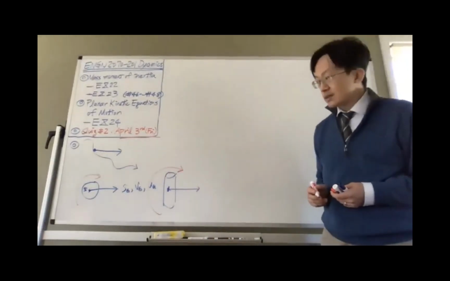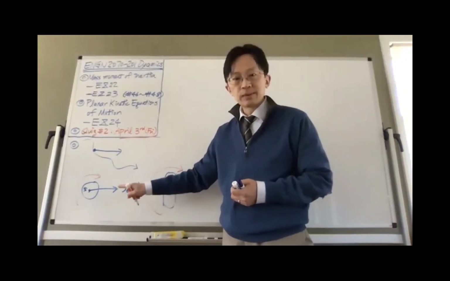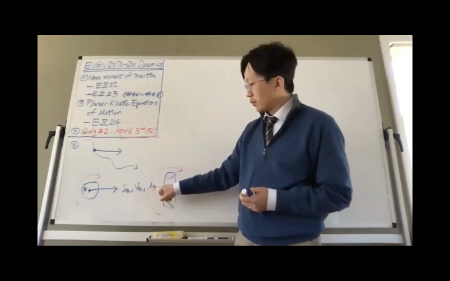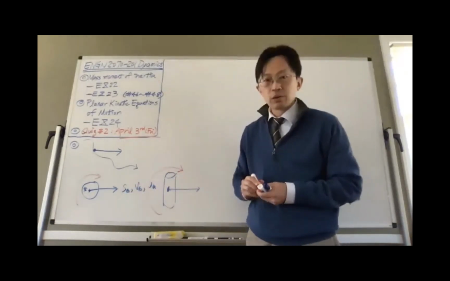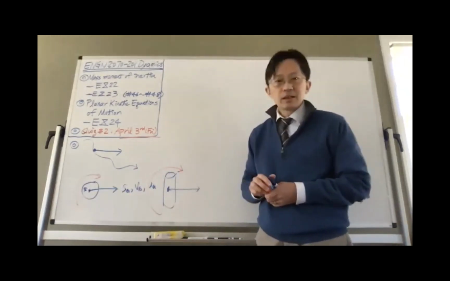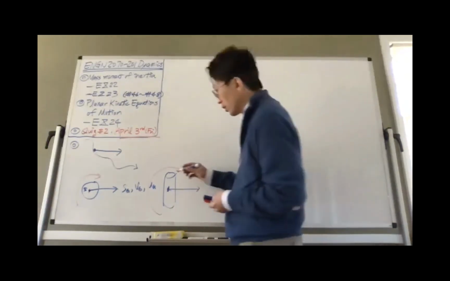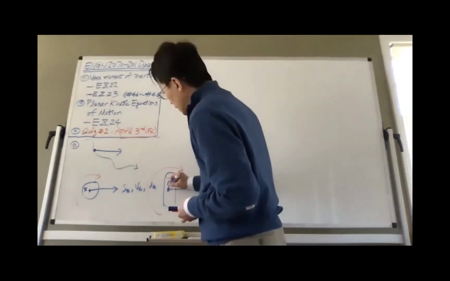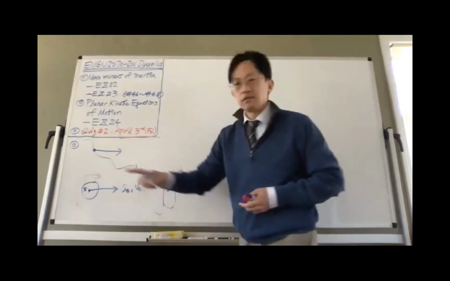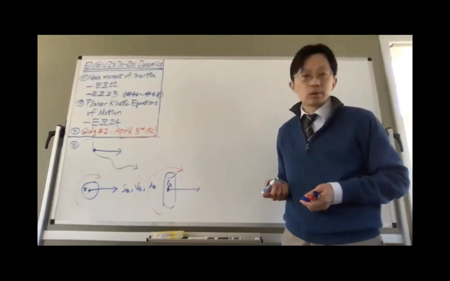When this happens, the statement I just made about the representativeness of displacement, velocity, and acceleration at the center of gravity for the rest of the points on the same object will no longer be true. You can no longer use SG, VG, or AG to calculate velocity, displacement, and acceleration everywhere else. You will have to consider what we call the angular effect.